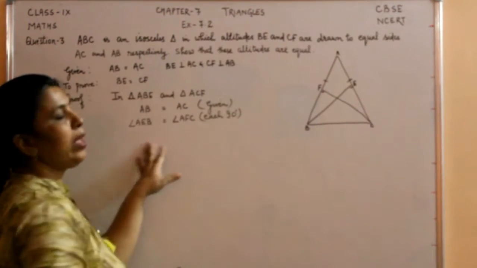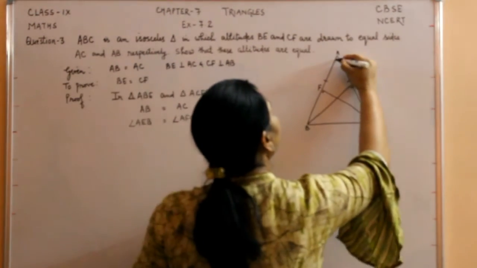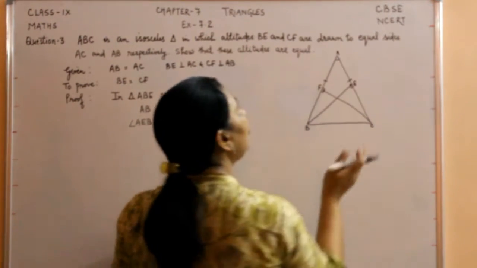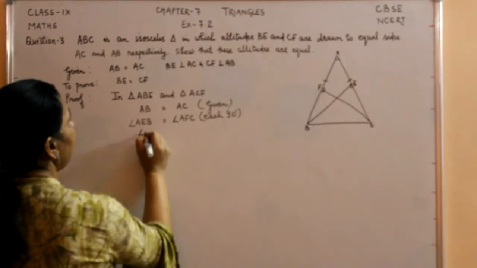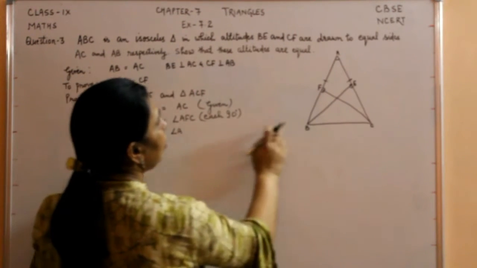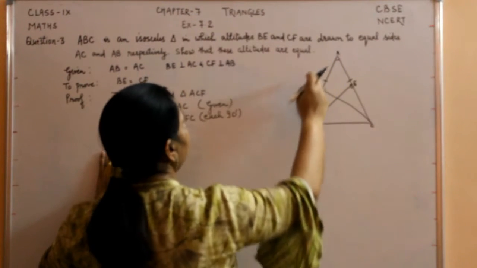So these two angles are equal to 90 degrees, and the third thing is the angle A, which is in both. Angle A is equal to angle A. You can write the full name also: angle BAE is equal to angle CAF.